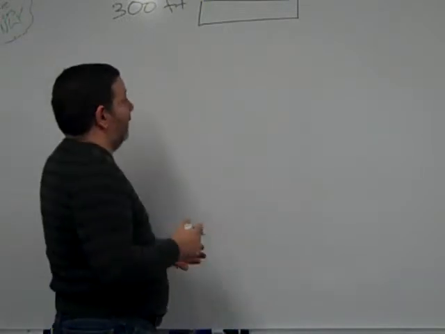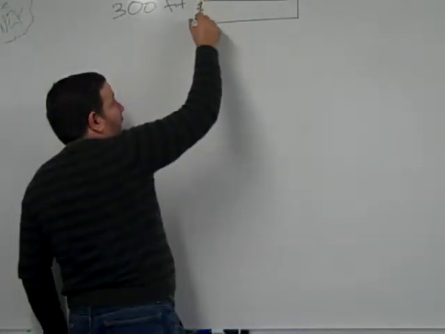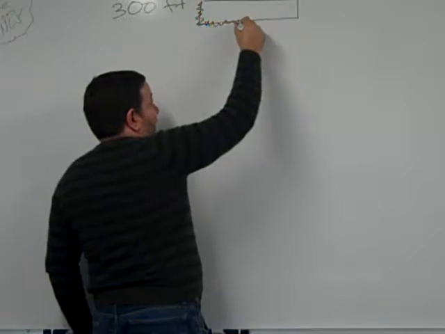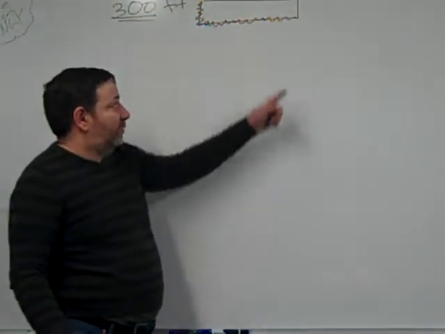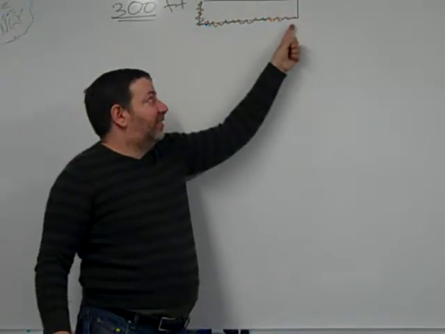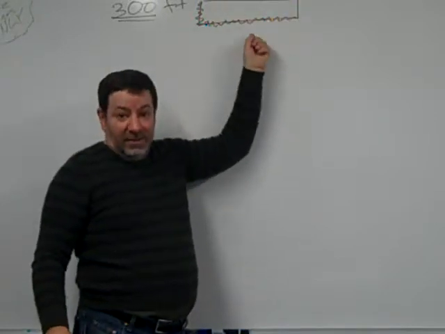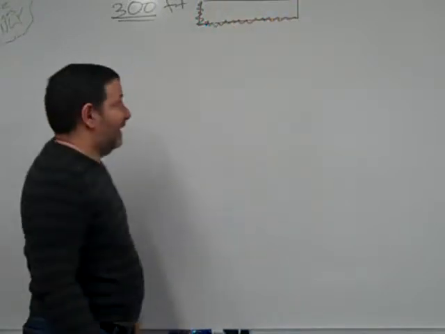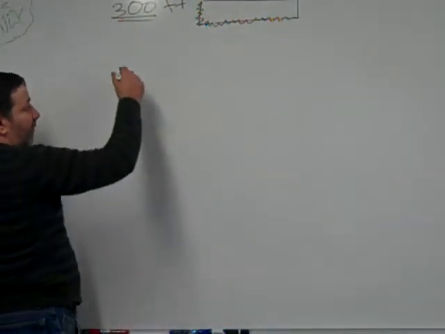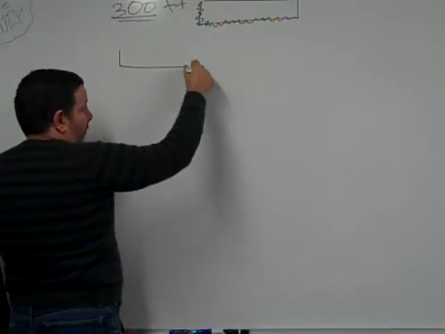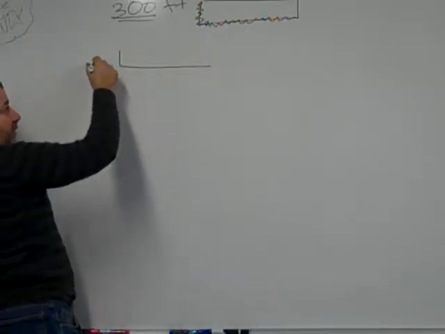Now, I like to think of this distance being half of the perimeter, because the rest, these two sides, are going to be the same as the sides I just highlighted. Half of 300 is 150. So this portion has to use up 150.